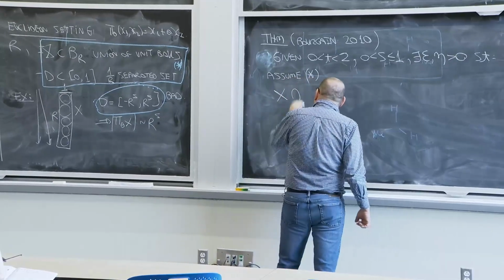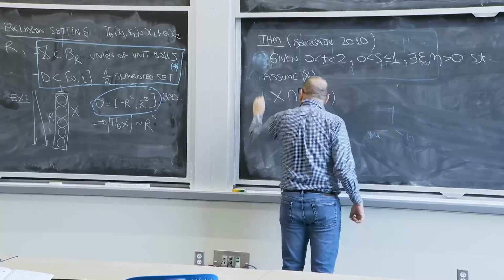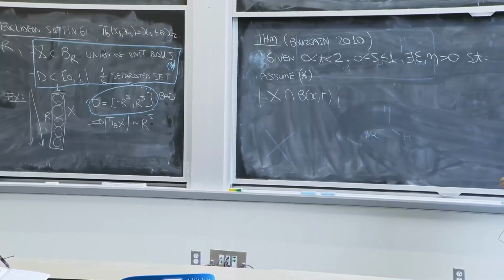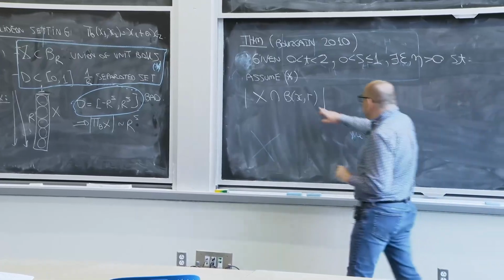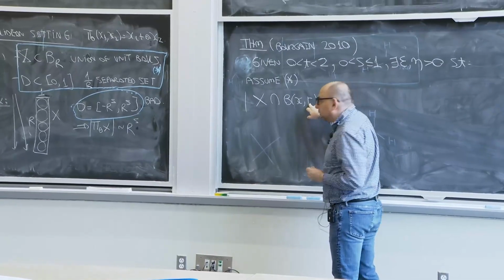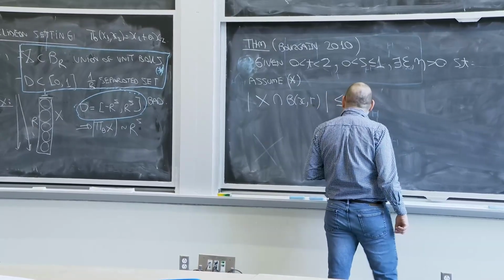If we intersect x with any ball of radius r, we see only a small piece of x. And the smaller they are, the smaller the piece. And the range of this little r is between 1 and big R, because x is a union of unit balls, and it's a subset of the R ball. So this should be less or equal than what?